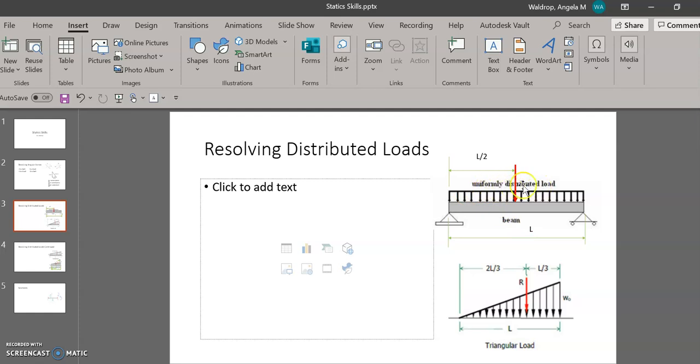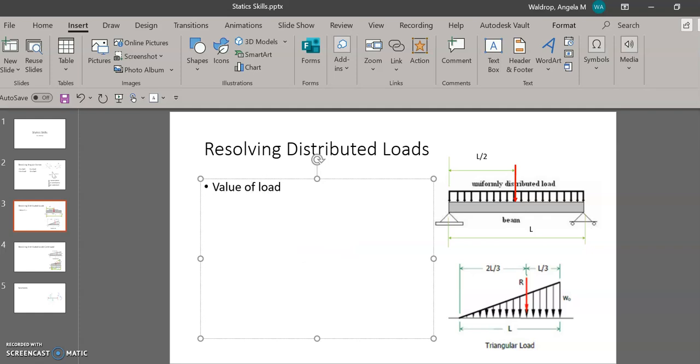This uniformly distributed load, we'll call force F, and we'll call the length of the beam L. The value of the load is simply going to be the area of the rectangle, which is the height, F, times the length, L. So that is going to be the value of the load.